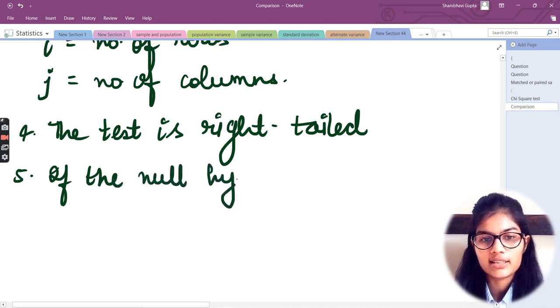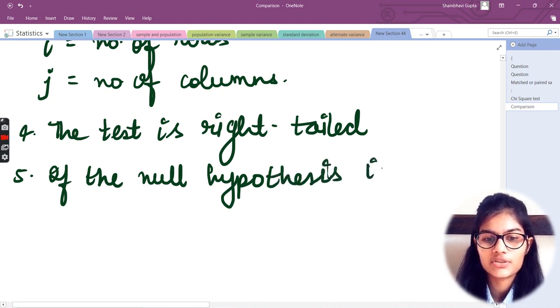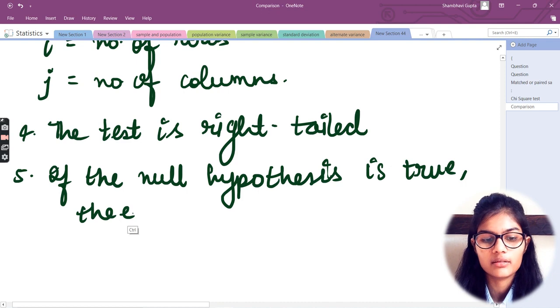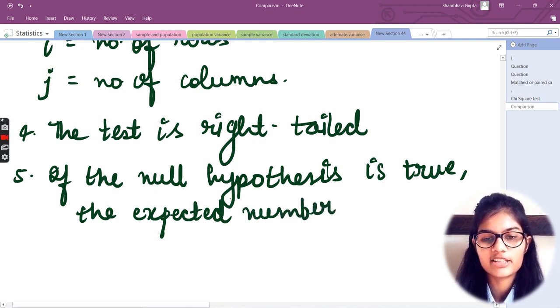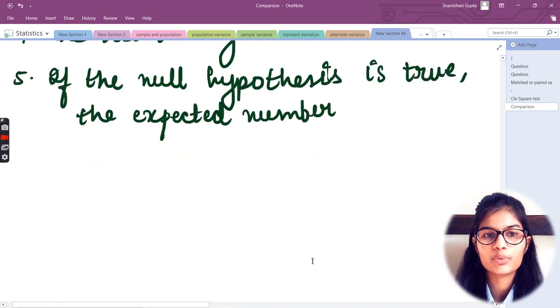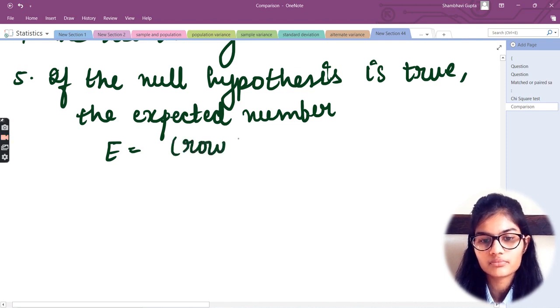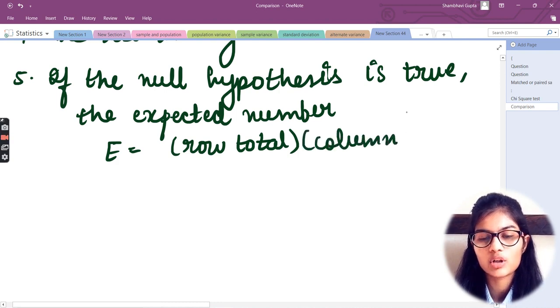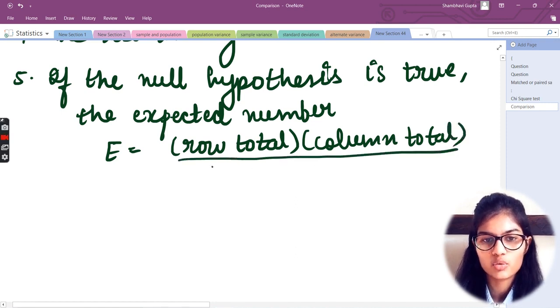And regarding the last point, if the null hypothesis is true, then the expected number, that was E, is equal to row total times column total divided by the total surveyed.